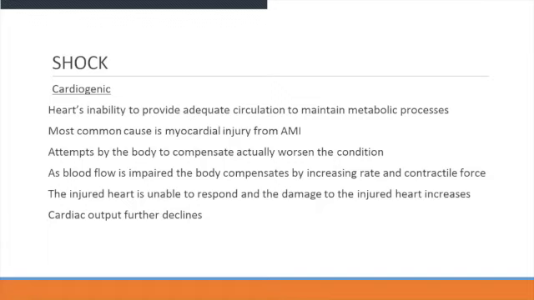So it may have started as one small spot, but eventually it spreads and gets bigger and bigger until complete death happens. As blood flow is impaired, the body compensates by increasing rate and contractile forces. The injured heart is unable to respond, the damage of the injury increases, and cardiac output further declines.